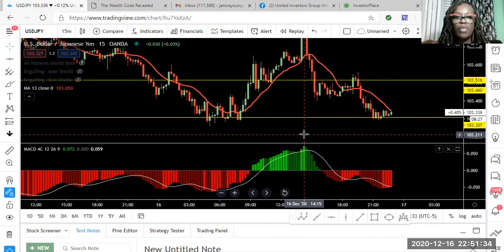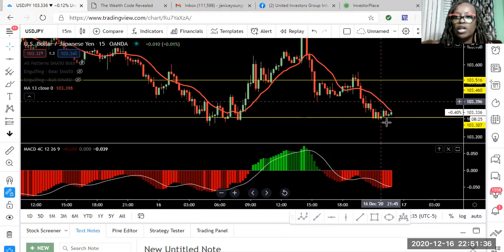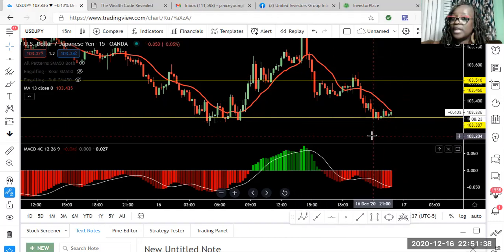So with that being said, we're gonna go ahead and wrap up. We're looking for buys. I went to the DXY, identified the trend, identified support and resistance, right? When you do that, then you should be able to identify key levels of support and resistance on the higher time frame. And when you identify those key levels, you drop down to your entry time frame.